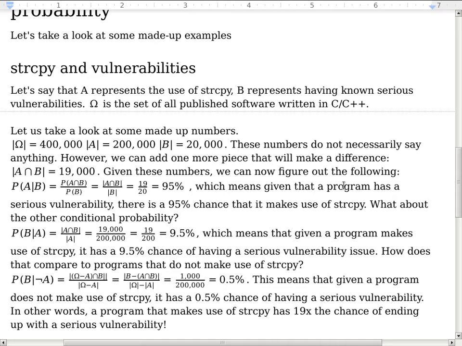Okay, maybe that's the reason. Maybe it has nothing to do with string copy itself. Now we know that it has something to do with string copy itself, but when you look at just the conditional probability, it does not say anything about this being the reason it happens. It simply means the conditional probability is higher. That's all it's saying. Are we doing okay so far with this stuff here? Okay.